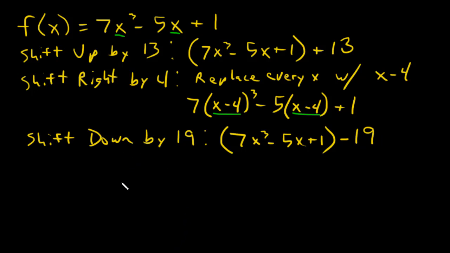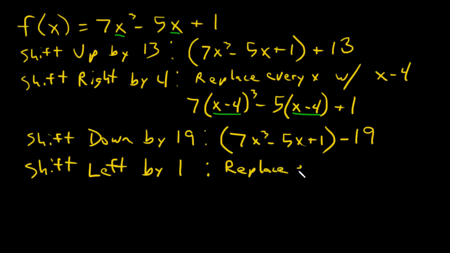Okay? Now, what if I want to shift left by, I don't know, how about 1? Shift left by 1. Well, I'm going to replace every x in the original function, every x, with what?